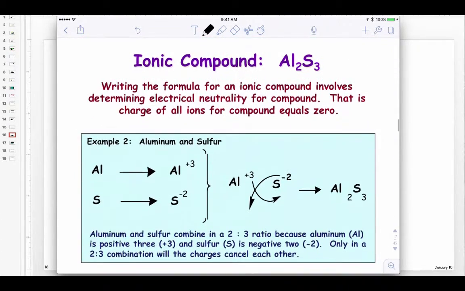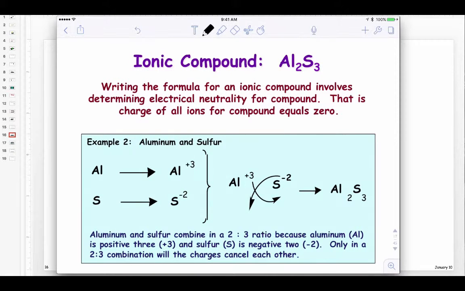Let's do another example here. In this example, we have aluminum and sulfur. We know that aluminum prefers a +3 charge. You know that because of its location in the periodic table. It's in the 3A family. Sulfur is in the 6A family, prefers a -2 charge. So if we have aluminum at +3 and sulfur at -2, and we do a crisscross, what we have is Al2S3.